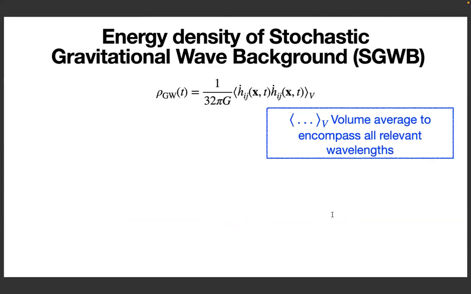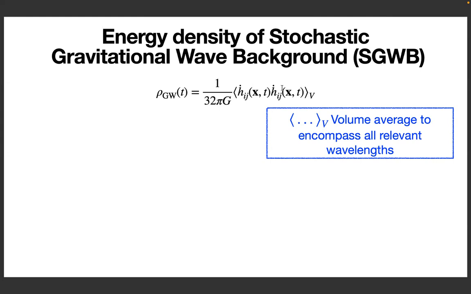Okay, so now let's talk about which observables we care about for gravitational waves. We can take this equation here, which is the energy density of gravitational waves, which is basically the product of the time derivative of the transverse traceless tensors, the h_ij here.